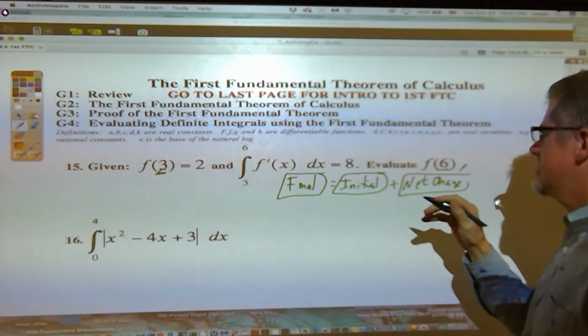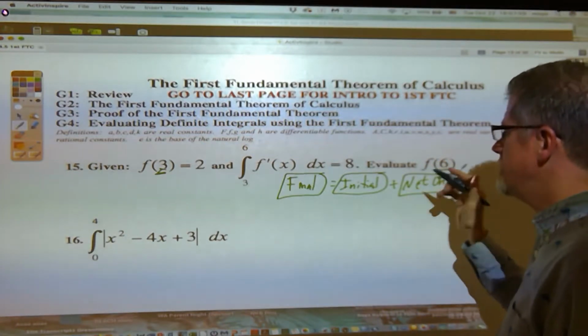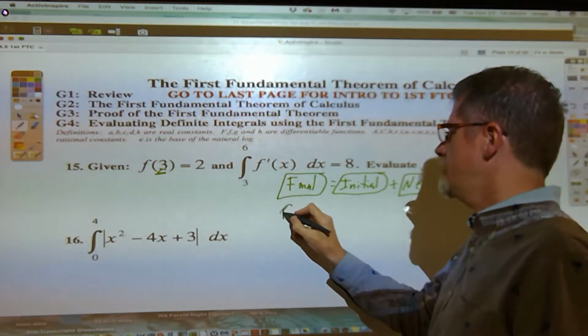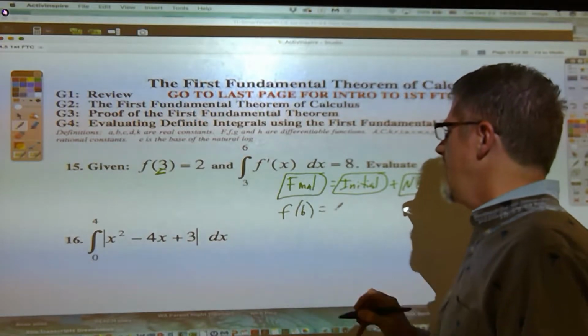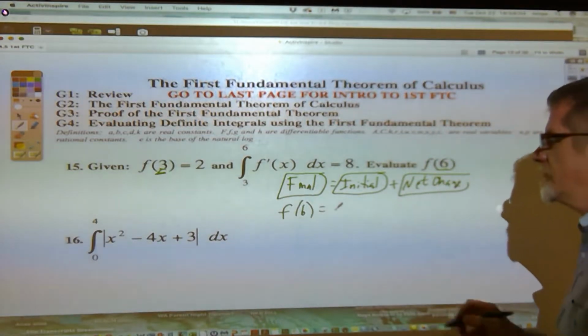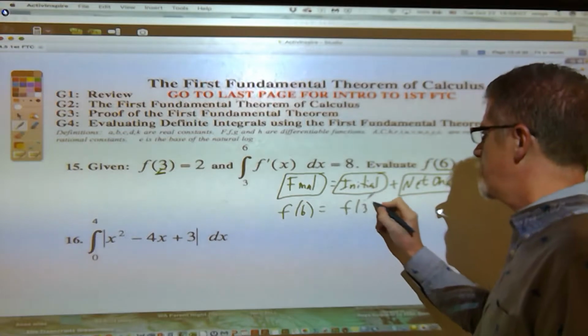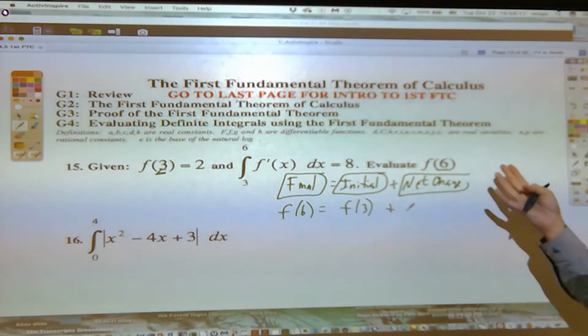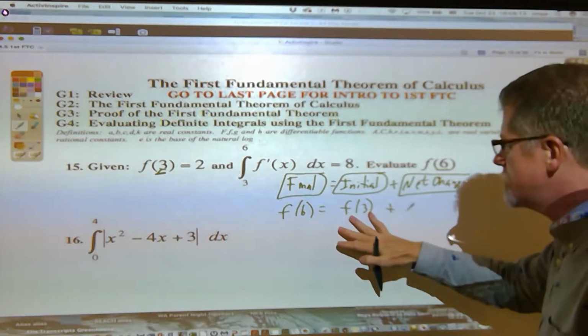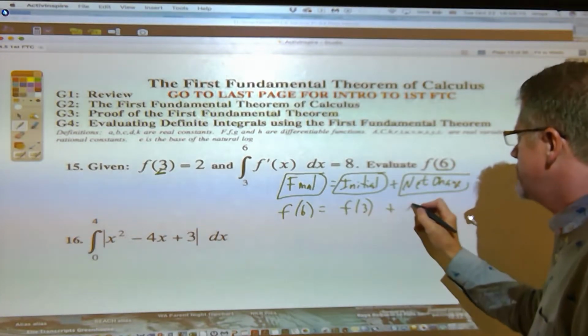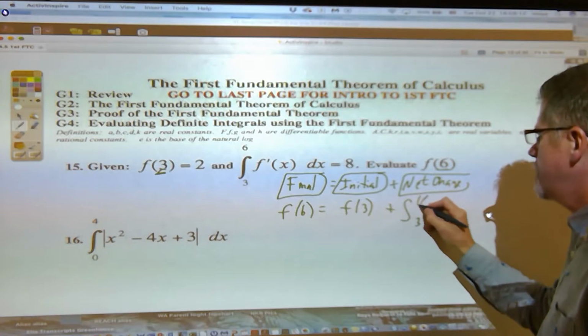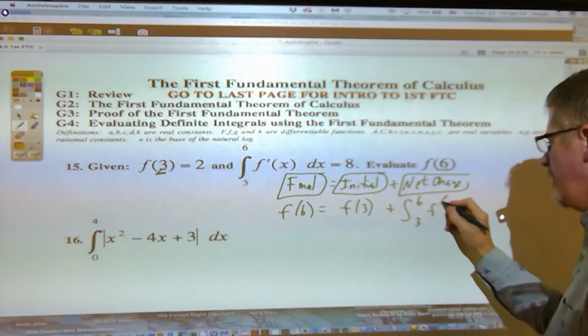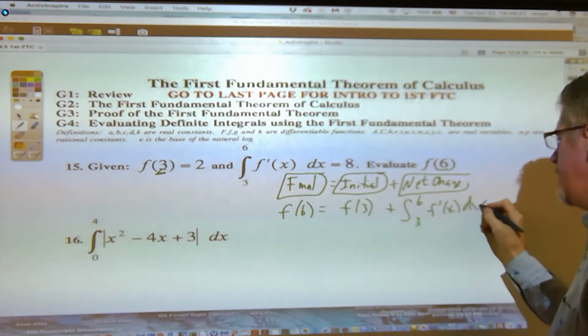So time 6, that would be the final position. So it could be f of 6. F of 6 can be found by taking f of 3 plus, and then all of the change that occurred from the initial position to the final position would be the integral from 3 to 6 of f prime of x dx.